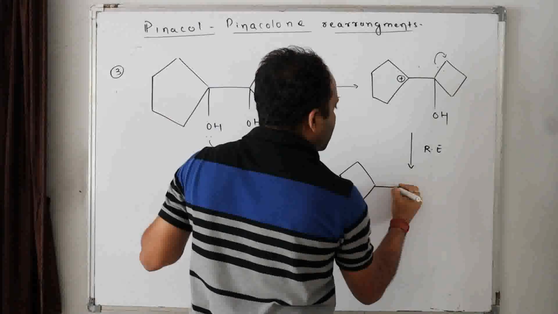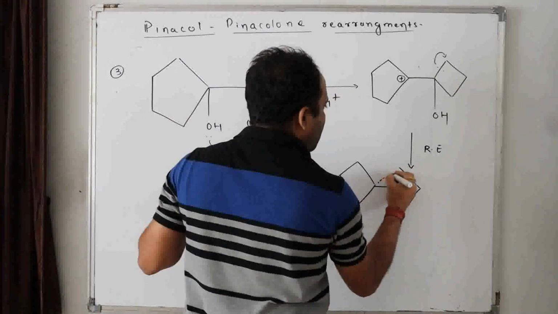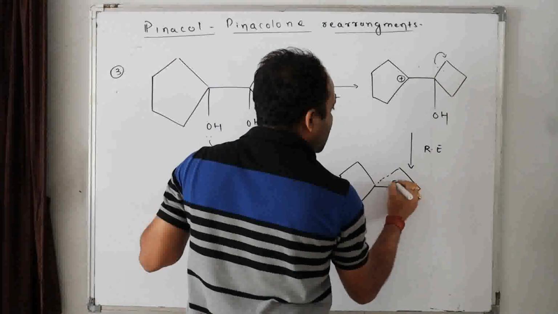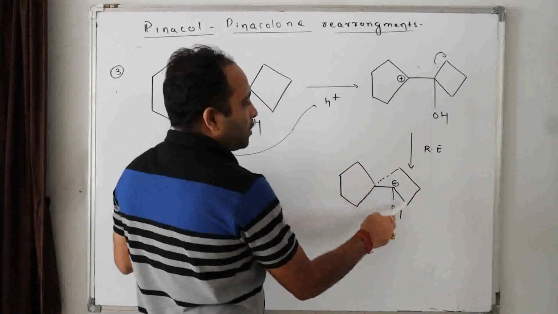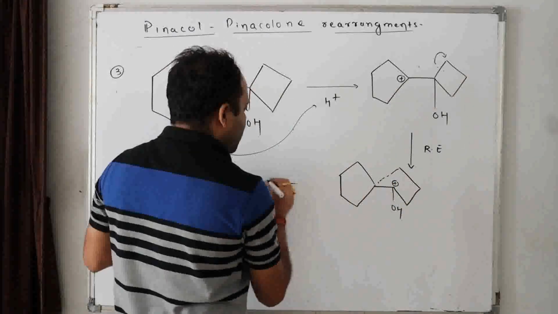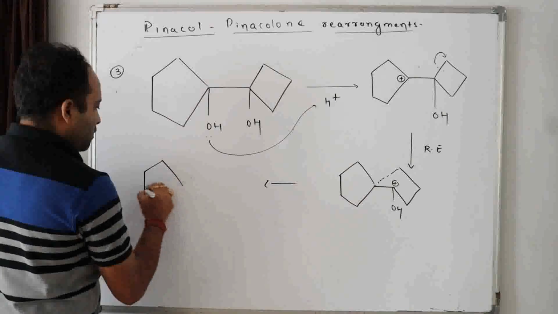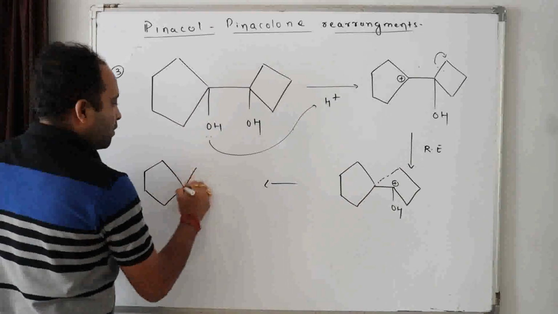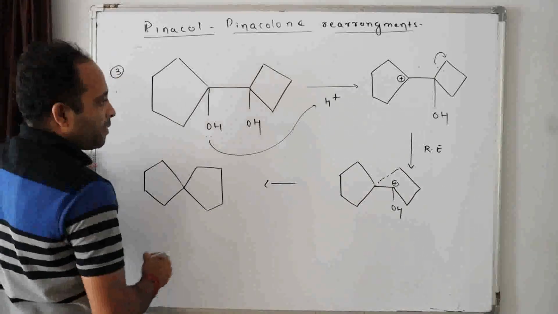So, what will happen in this case? This new bond is formed with a plus charge over here, OH. Now, this is a 1, 2, 3, 4, 5-membered ring. Yes or no? Five-membered ring.